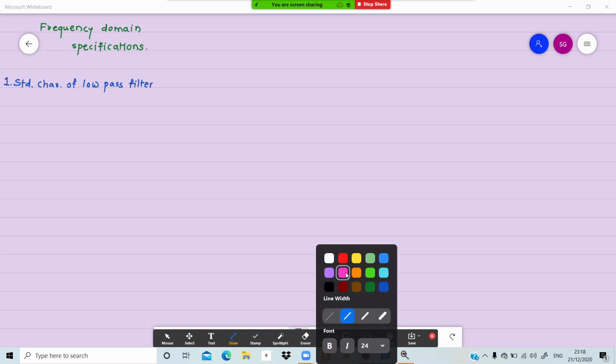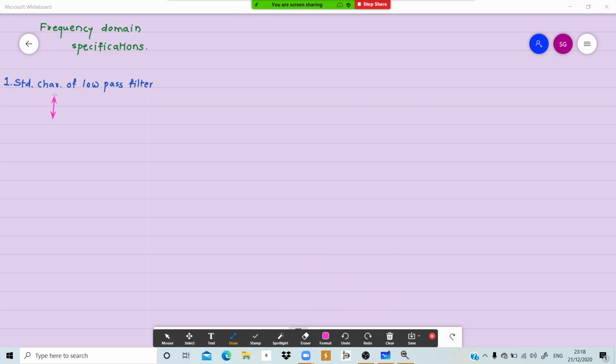Just a minute. See, when you are talking about low pass filter means, if I'm talking about the magnitude curve, okay? So I'll write, क्या बोलेंगे हम, magnitude plot. Okay, and ideally what we want, gain to be equal to 1 for the system. I should not draw with the same color.